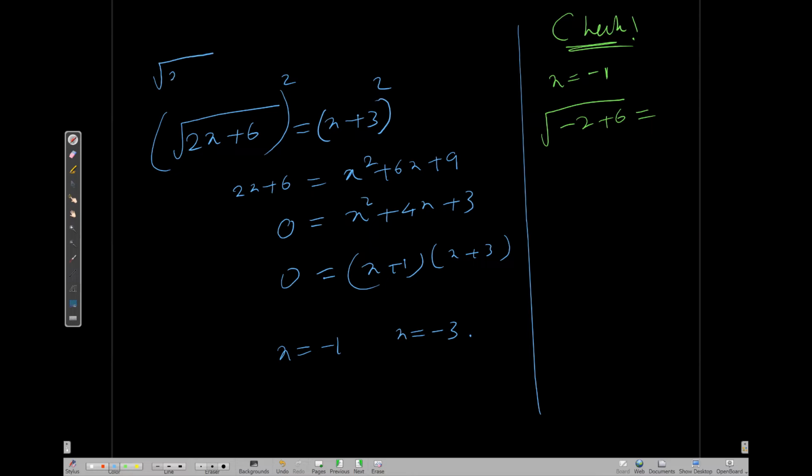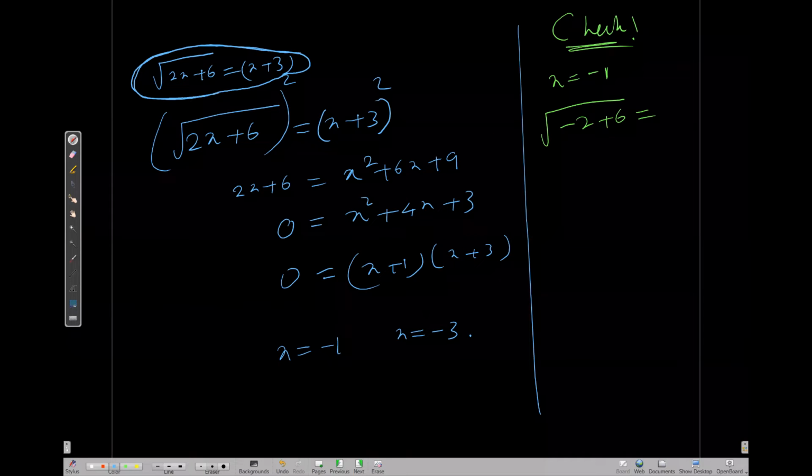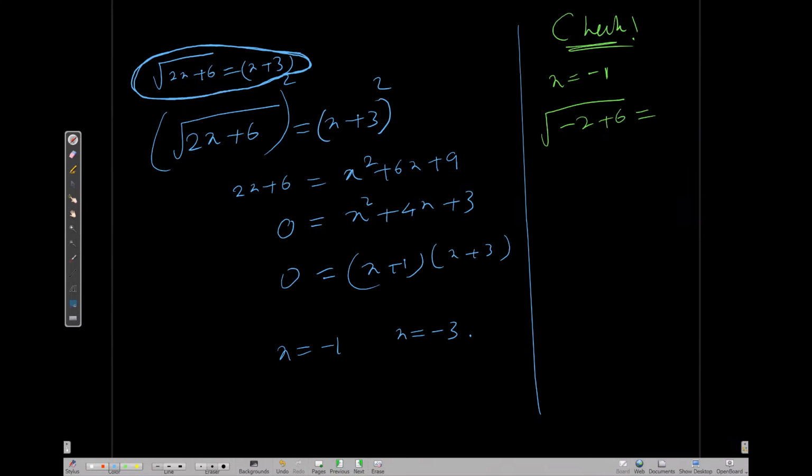My original equation was this, so x plus 3. Again, I made a mistake. When you have your original equation, don't just square it there, do it in the next step. There's a reason. You will understand it when you see the right example.